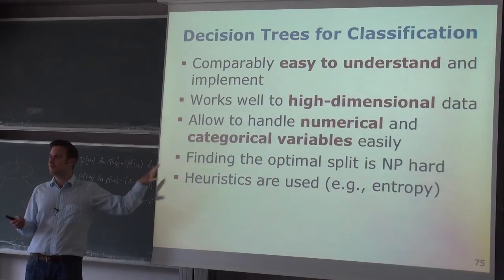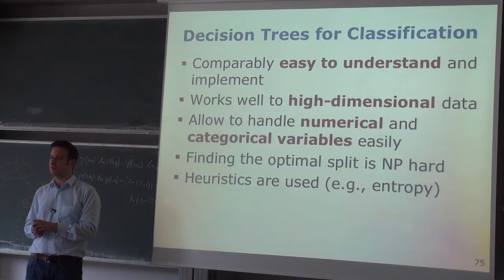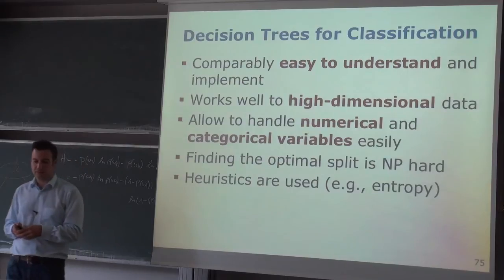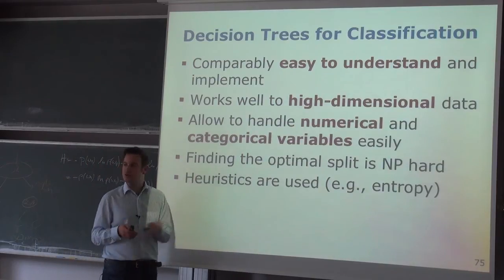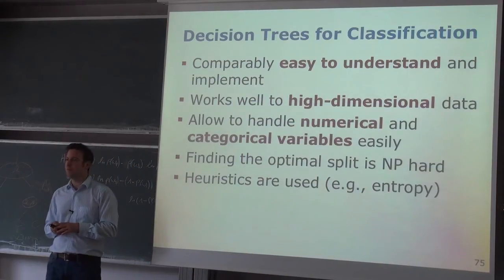This is very easily doable with the decision tree. But again, finding the optimal tree, the optimal split, is NP hard, and therefore we typically use heuristics, where entropy or Gini index are probably the two most popular ones.